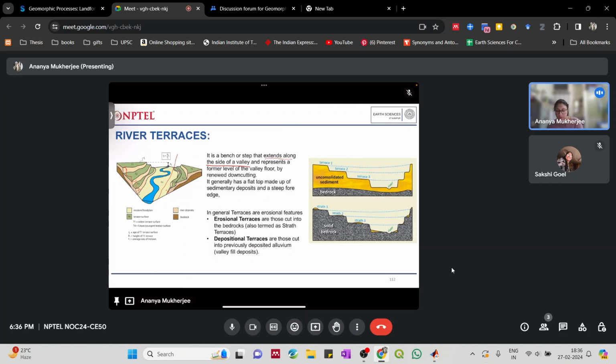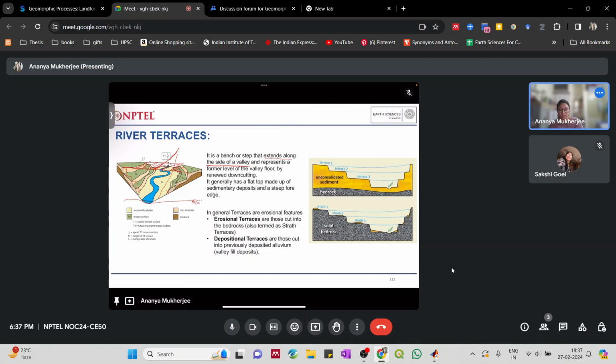If you see, consider T1. Imagine that the surface was at this level in the start when the river was forming. So the river would be flowing at this elevation compared to your mean sea level.